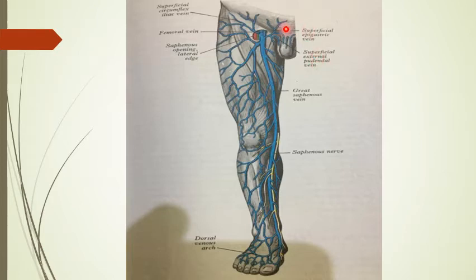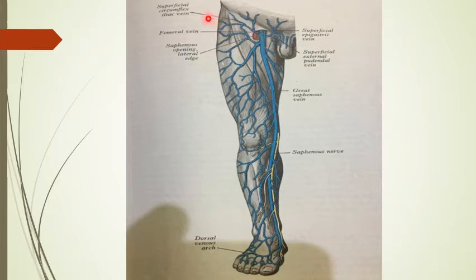The superficial epigastric vein drains the hypogastric region, below the umbilicus, into the great saphenous. Another is at the lateral edge of the saphenous opening. Then the superficial circumflex iliac vein, number 3, drains into the great saphenous or directly into the femoral vein.